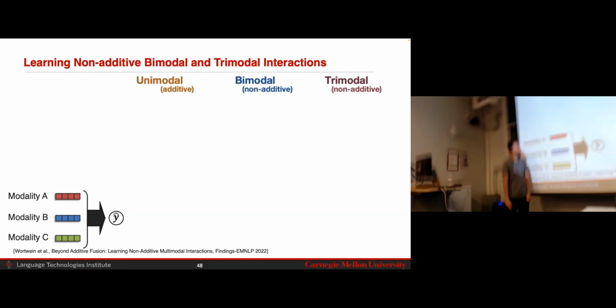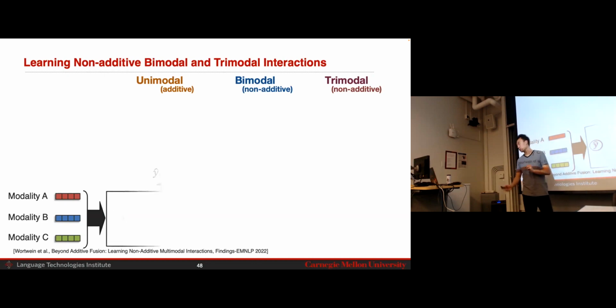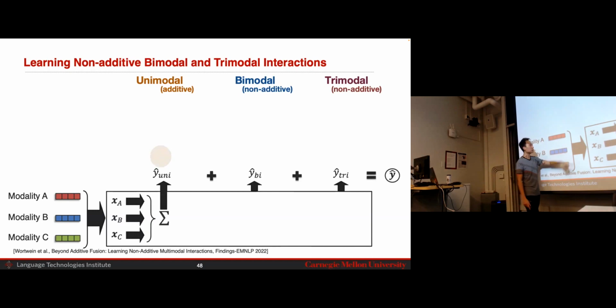Here's a very neat paper. If I have many modalities and different types of interactions, unimodal, bimodal, and trimodal, that I want to learn, I'm not going to learn everything at the same time. I'm going to prioritize the learning of simpler interactions first before I learn the more complex interactions. So for example, I'm going to first take my features and just do an additive fusion.